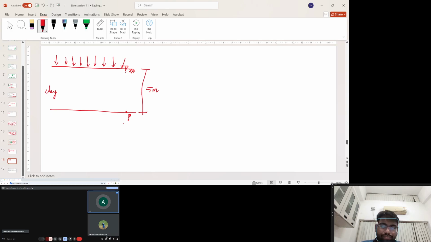That means the hydrodynamic pressure is also 100 kPa, because the soil is saturated. Initially the pore water pressure, the hydrodynamic pressure, is taking the entire load.